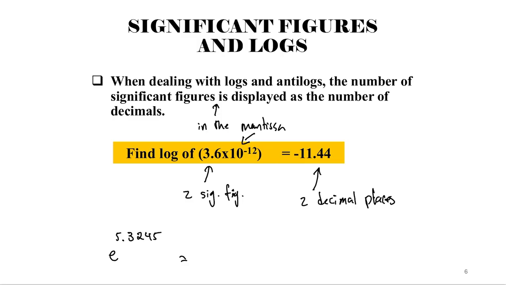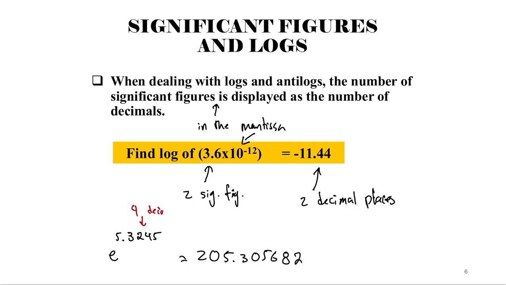So we have 5.3245. Then we exponentiate that. That gives us 205.305682.